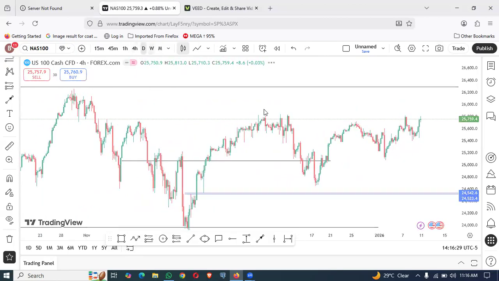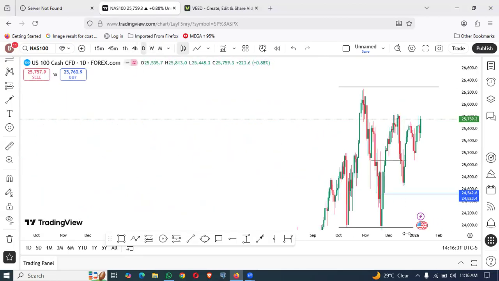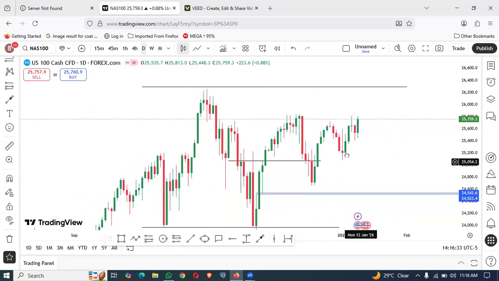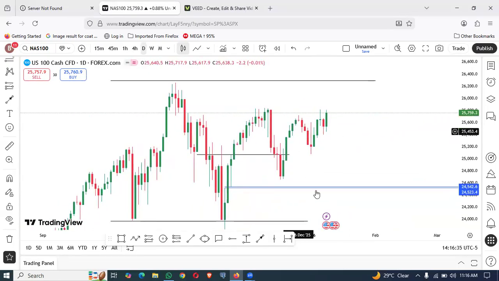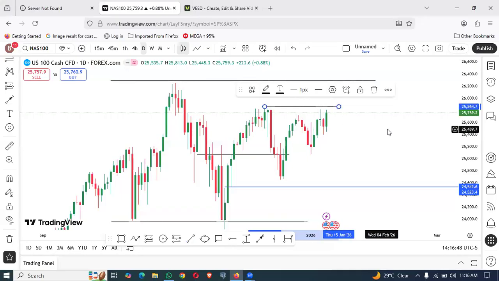Okay, nothing there yet for now. This one will only be valid if this high goes. If this high goes, it should be valid.